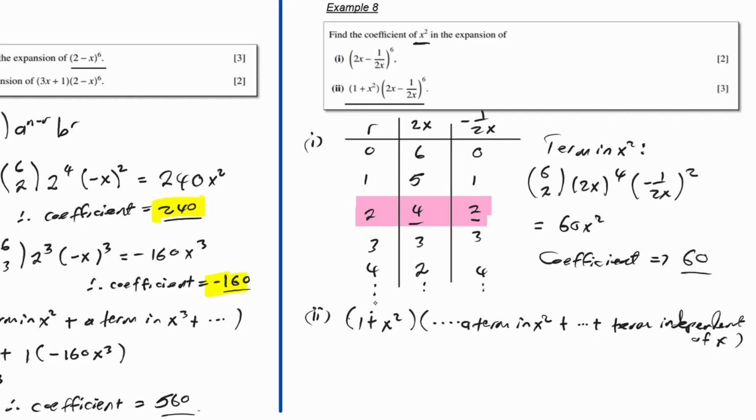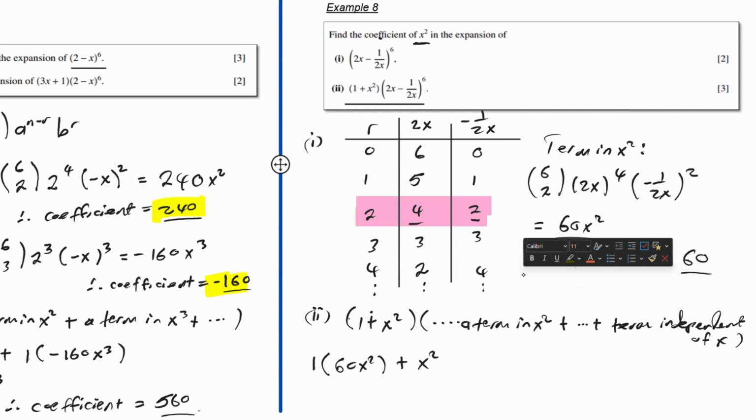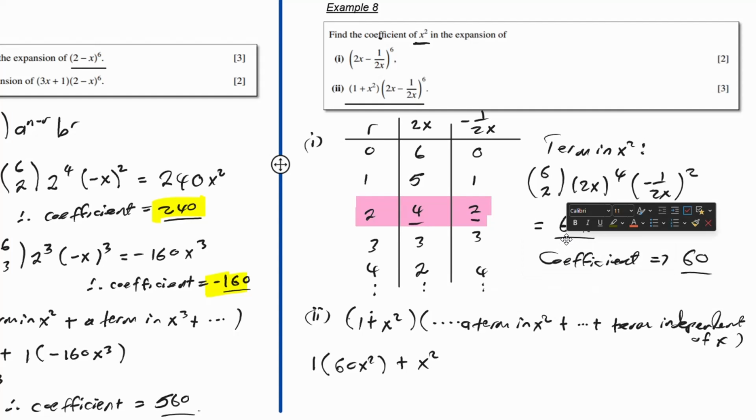So 1 has to multiply a term in x squared so that we get a term in x squared in the product. The term in x squared, we already know, is 60x squared. So 1 multiplies 60x squared, and that's going to be plus x squared. x squared has to multiply a term independent of x in the binomial expansion for us to get a term in x squared.